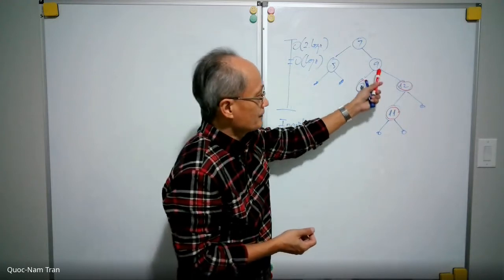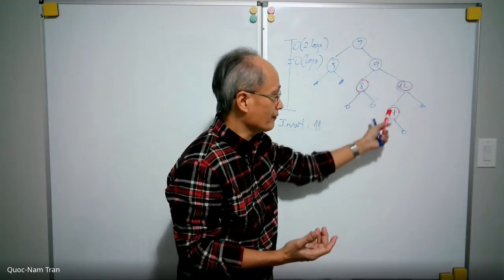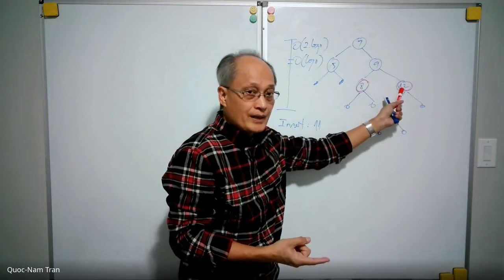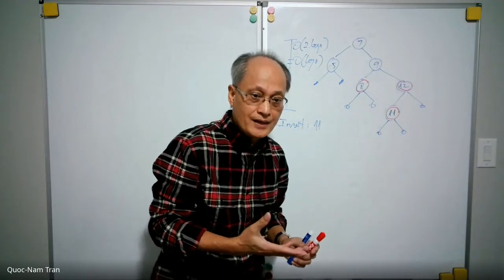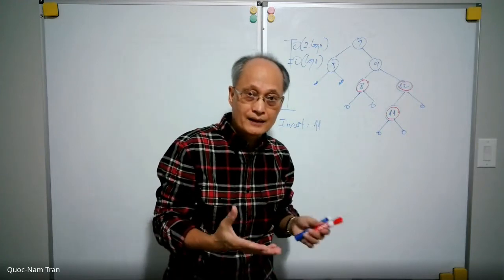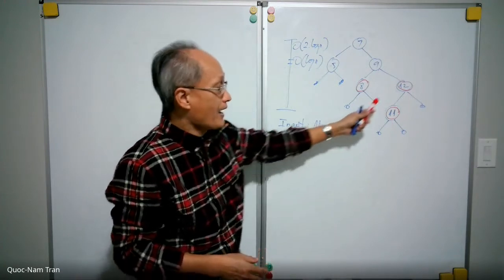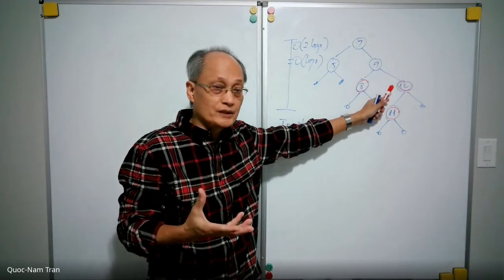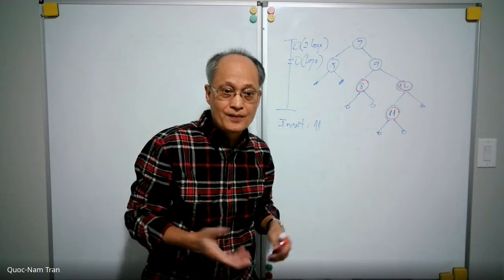Here I have red and black, that's fine. But here I have red, red. It's not allowed, because if we have two red nodes in a row, then the height of the tree will no longer be log n. So that is the final condition for the red-black tree: we cannot have two red nodes in a row.